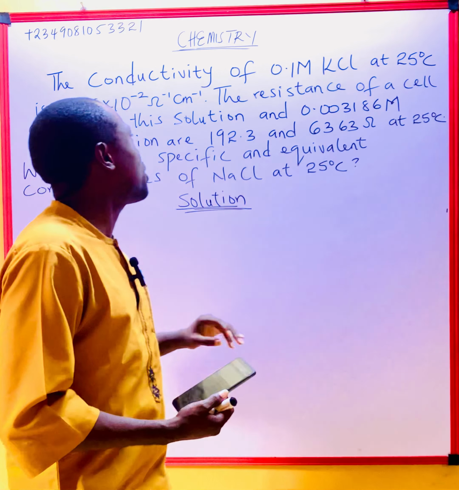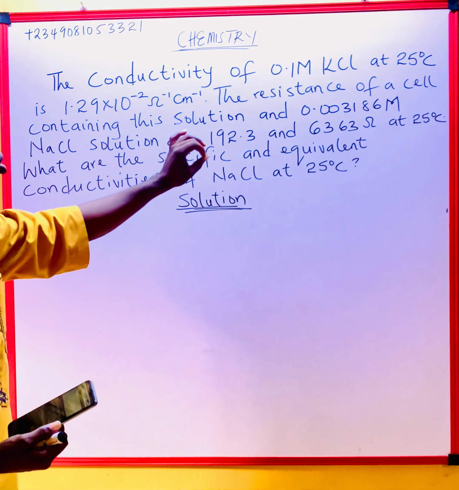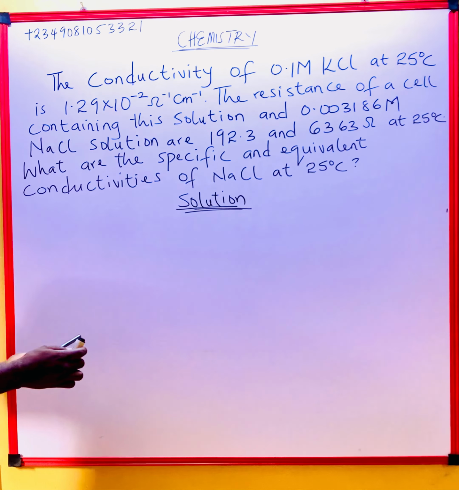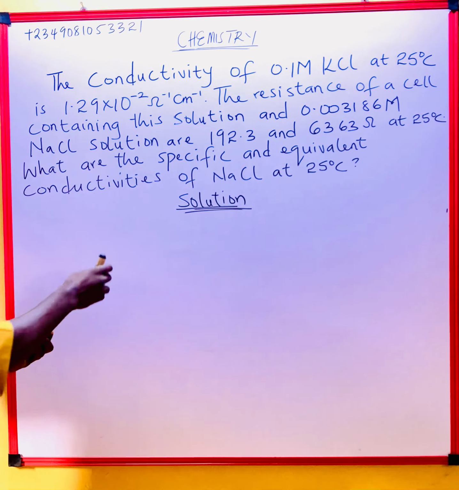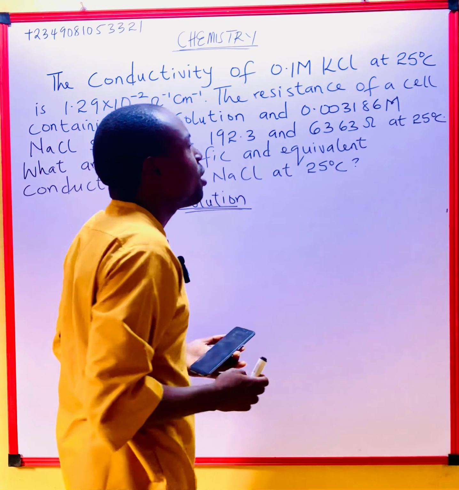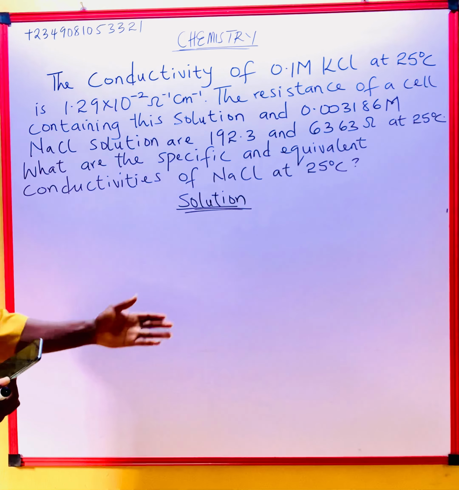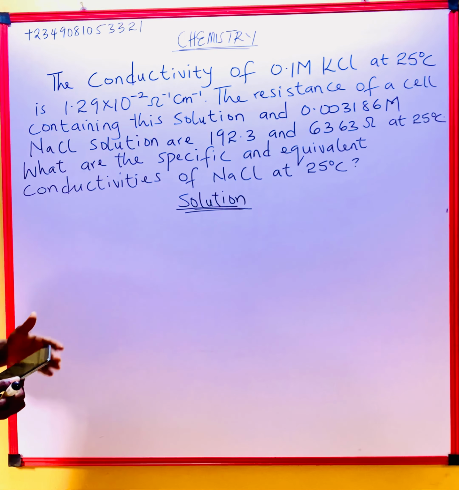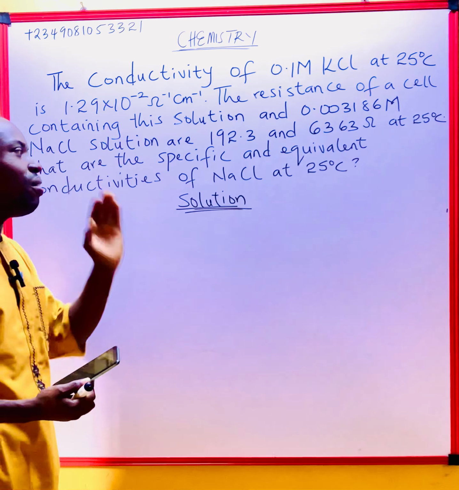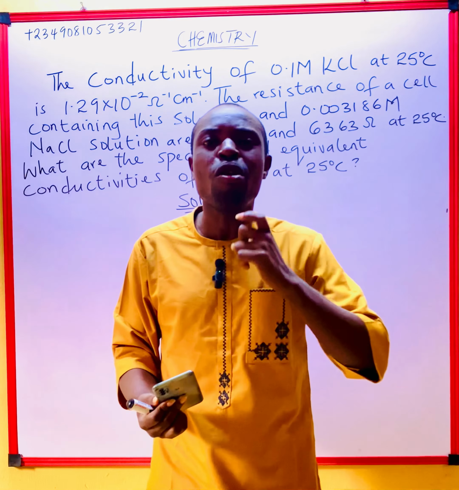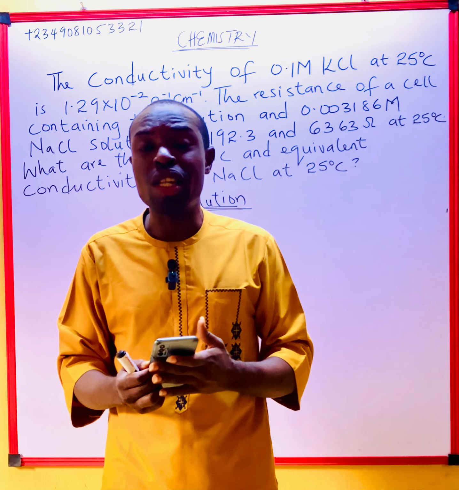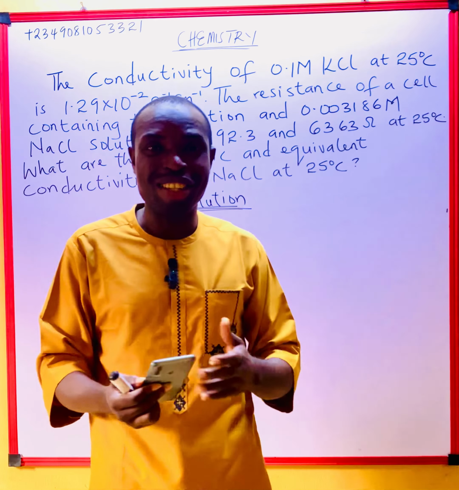The resistance of a cell containing this solution and 0.03186 molar sodium chloride solution are 192.3 and 6363 ohms at 25 degrees Celsius. What are the specific and equivalent conductivities of sodium chloride at 25 degrees Celsius? This question is actually not difficult, so we go straight in solving it.